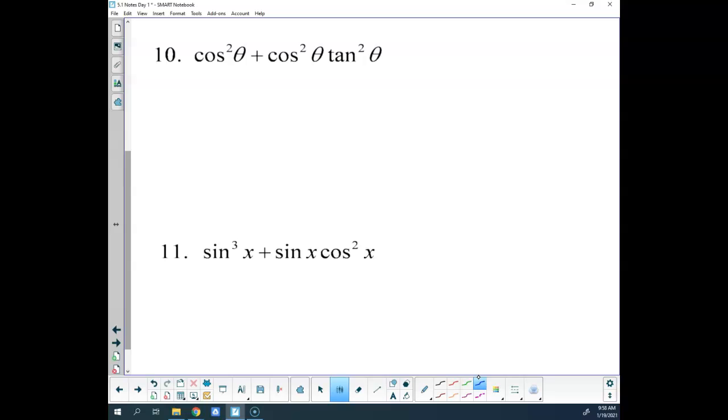Looks like both terms have a cosine squared. That's going to leave me with 1 plus tangent squared. Number 11 says that that is secant squared.